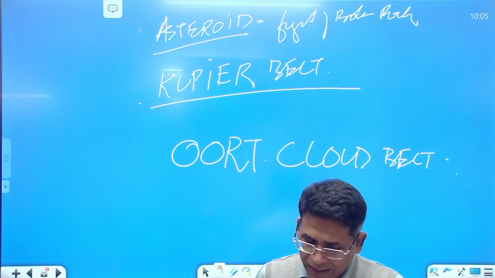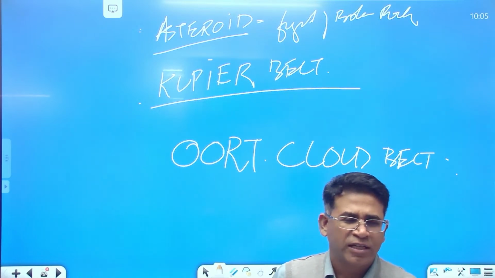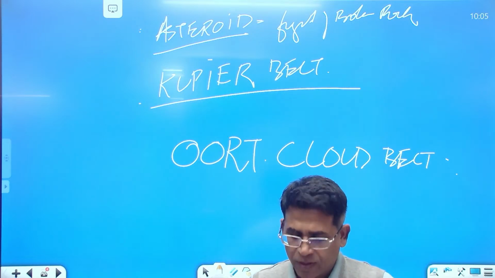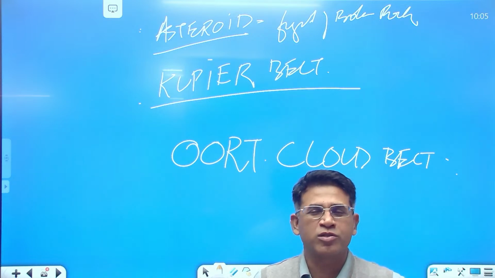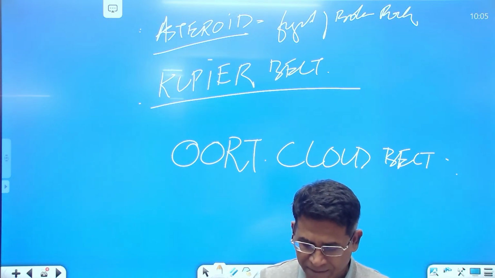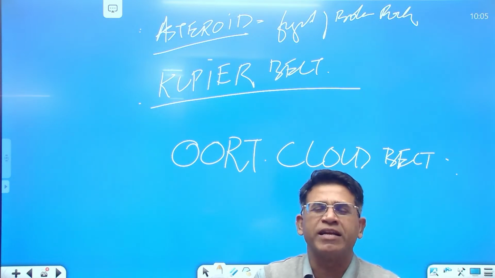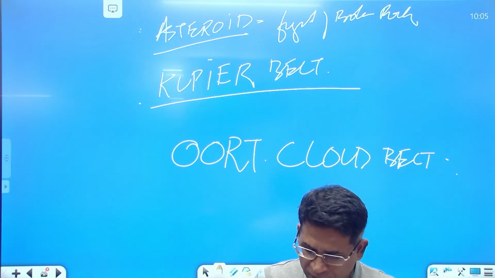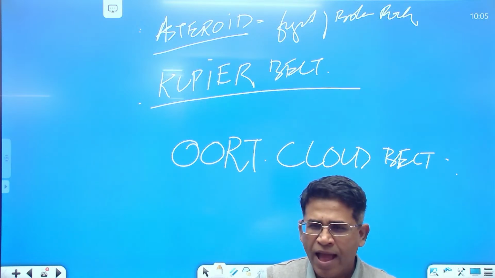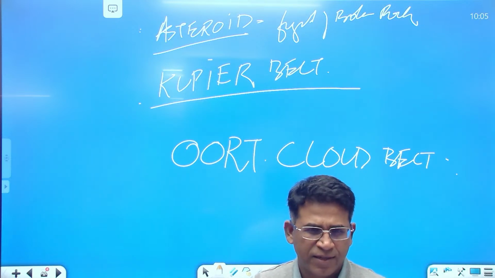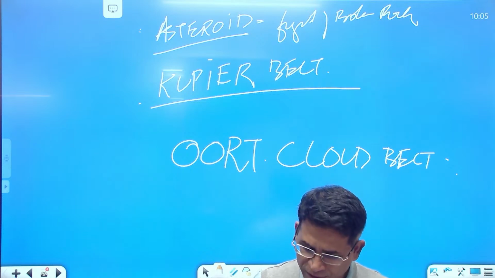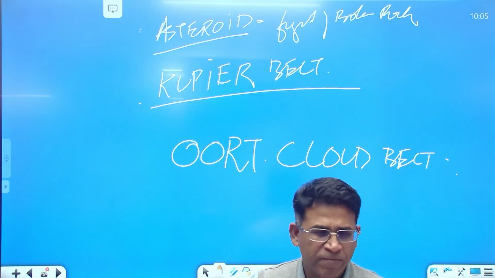Beyond Neptune, it has numerous rocks, protoplanets, and dwarf planets. And it is a source of comets.